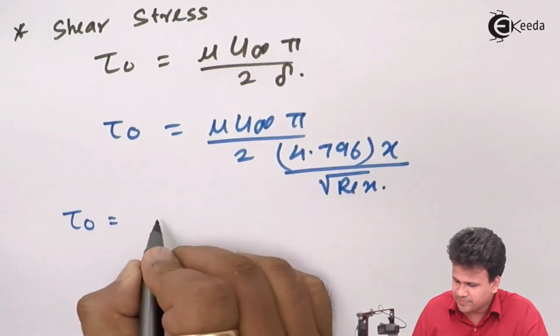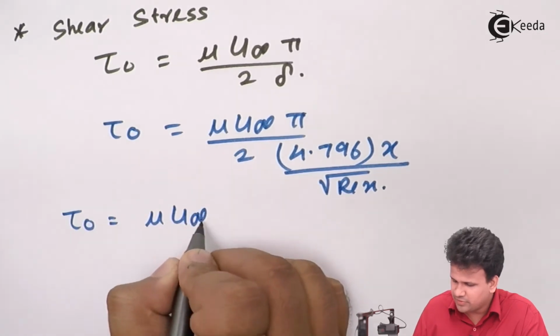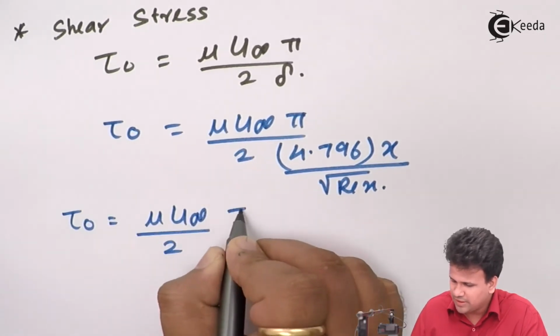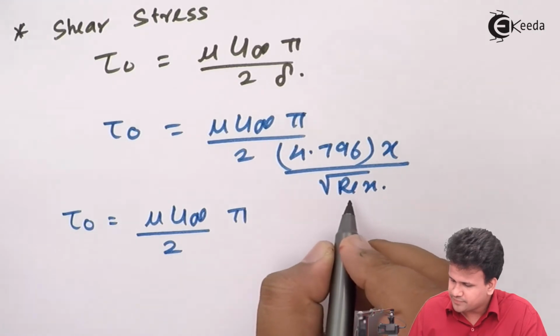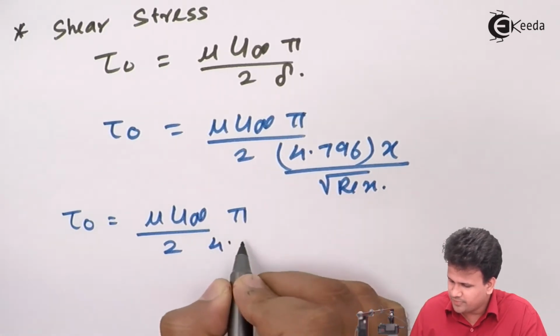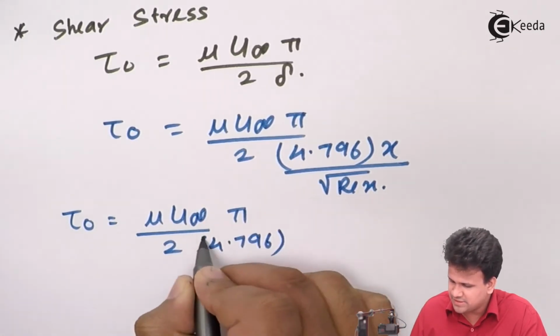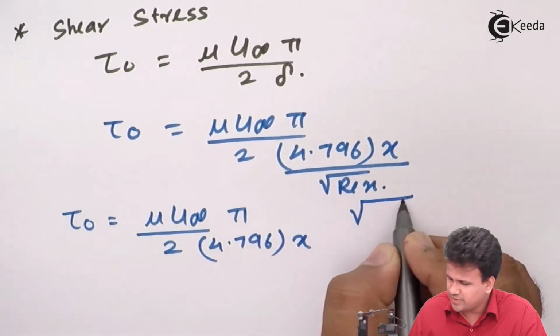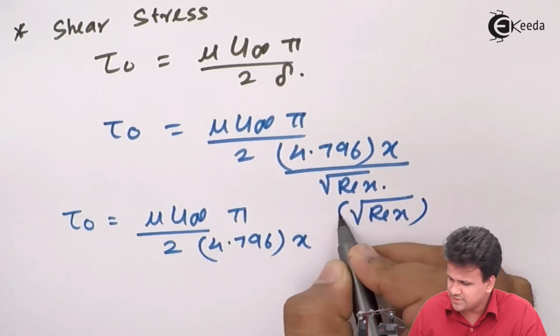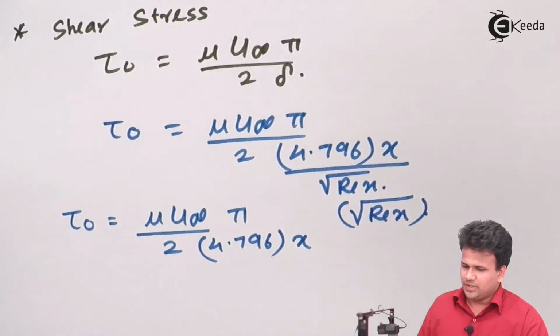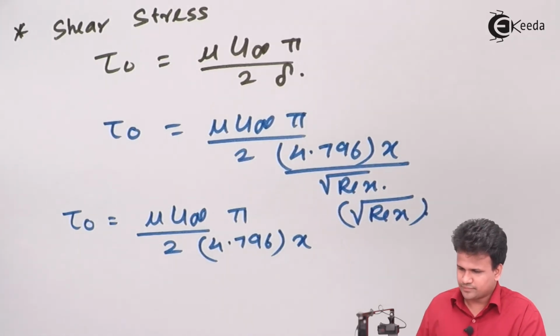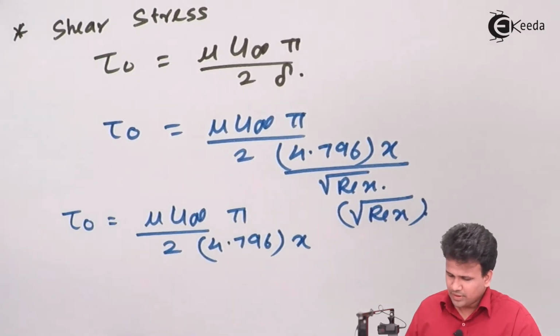So let us substitute this. So tau 0 is equal to mu into u infinity upon 2 into pi into 4.796 times x into square root of Rex. So this is the value of mu.